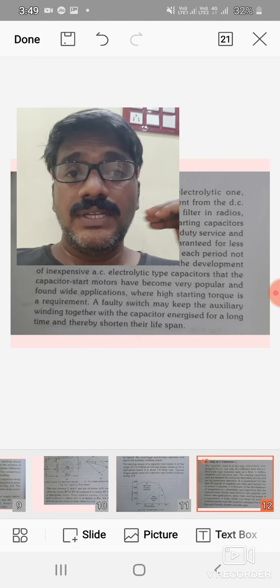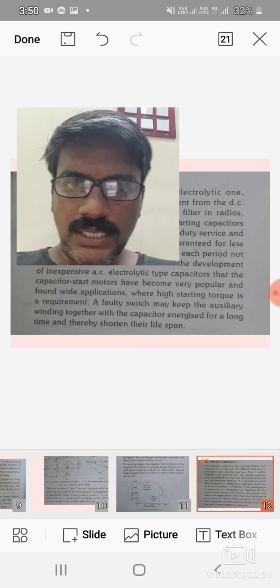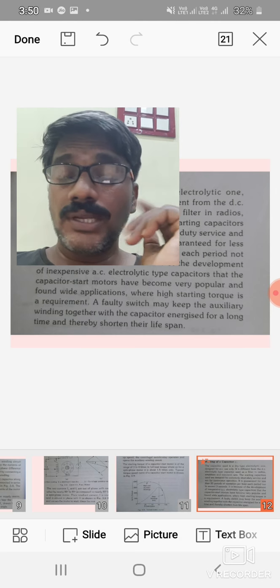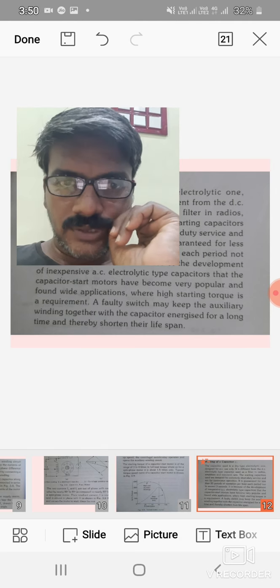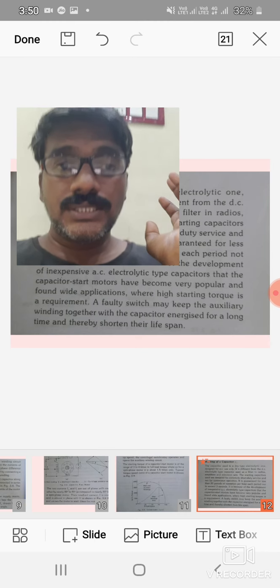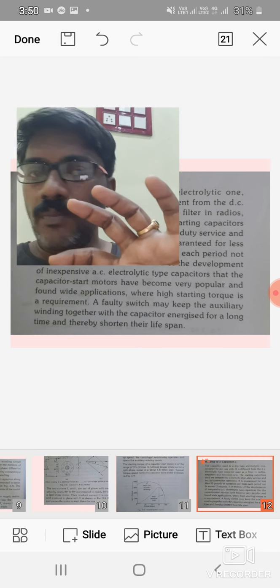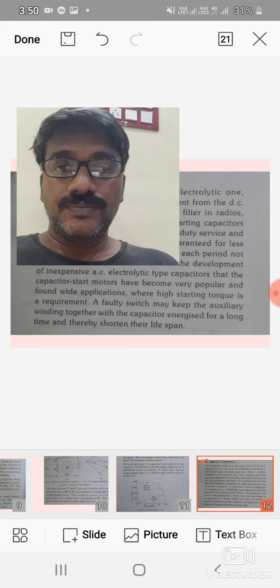First we designed the resistance type. After that, the capacitor start type. The main drawback in the resistance type is the starting torque is very less, 1.5 times the full load torque only, right? Again, the phase angle between the two currents, two fluxes, is only 30 degrees only. So we won't get a proper starting also, right?